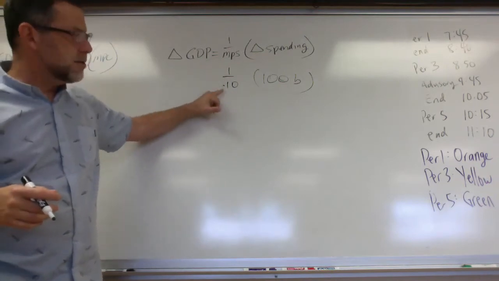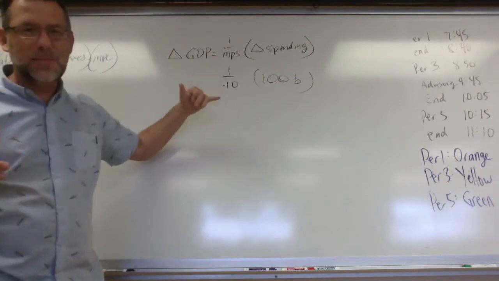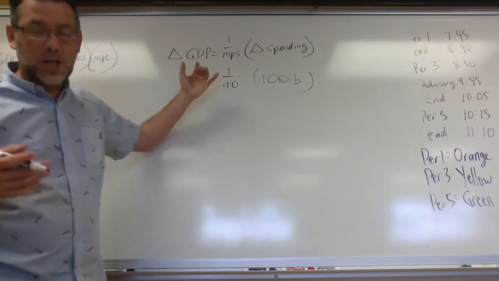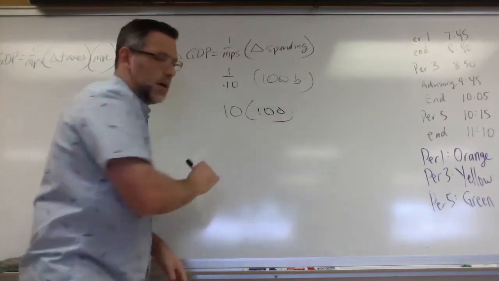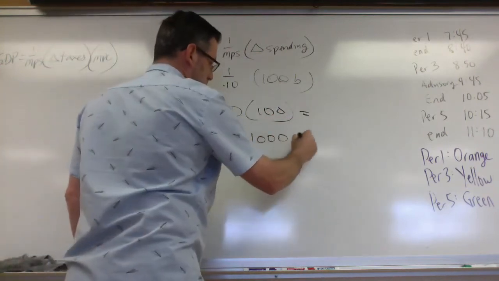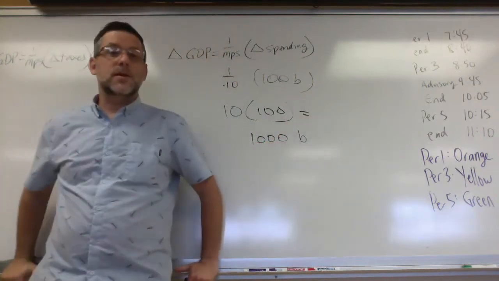This is $1 divided by a dime, or 1 whole divided by 1/10. It's the same thing as $1 divided by dimes, right? How many dimes go into $1? 10. So I get 10 times 100, right? Which equals 1,000 billion, or $1 trillion.